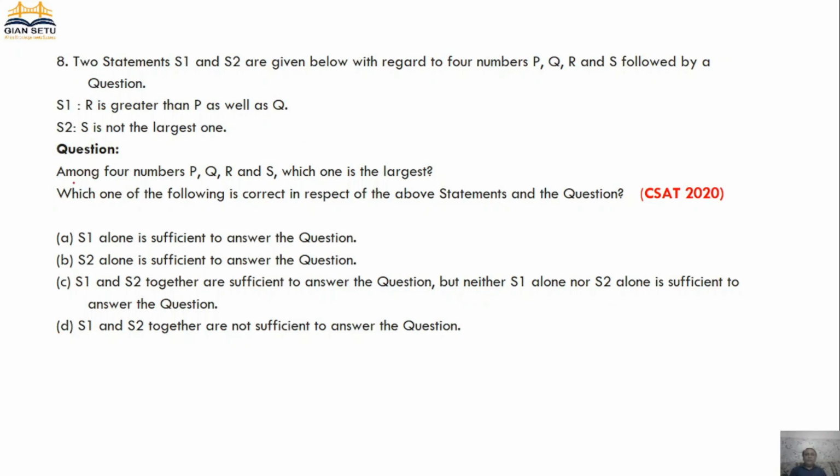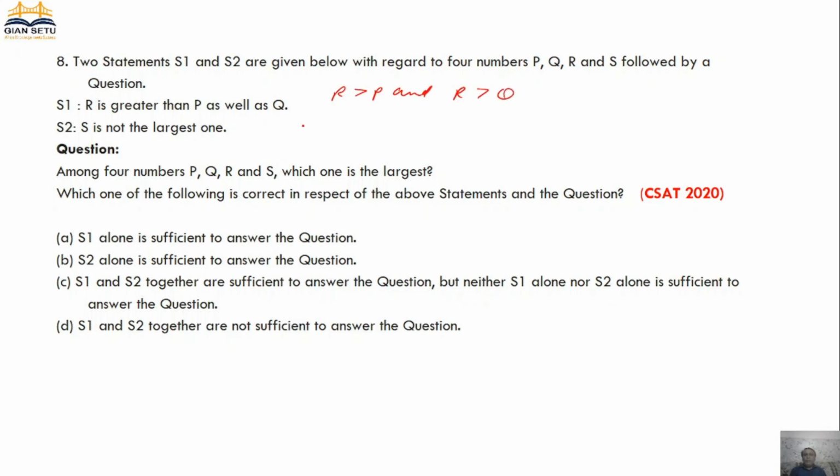And the given question is: among four numbers P, Q, R and S, which one is the largest? Okay. First of all, let's try to solve this question with statement S1 only. Now, according to statement S1, R is greater than P and R is greater than Q.